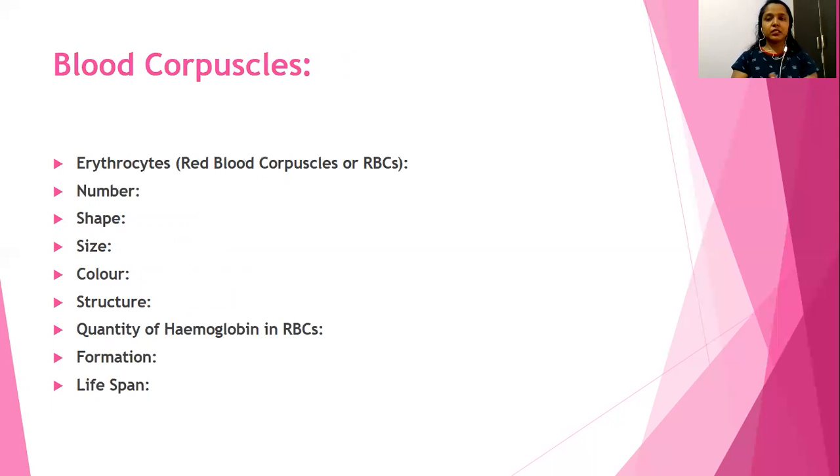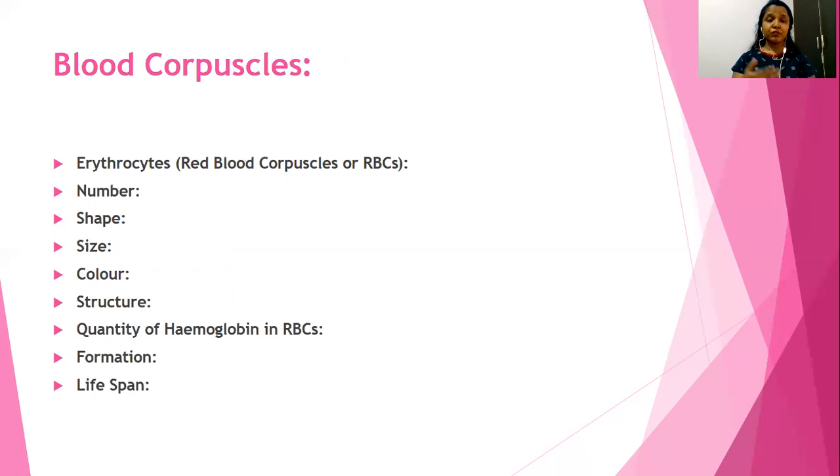And as I said, the blood is composed of plasma and the blood corpuscles or the blood cells. In that, the first ones are the red blood corpuscles or the erythrocytes. When it comes to the number of erythrocytes, the normal man has 5 million RBCs per cubic millimeter of blood, and the normal woman has 4.5 million RBCs per cubic millimeter of blood.